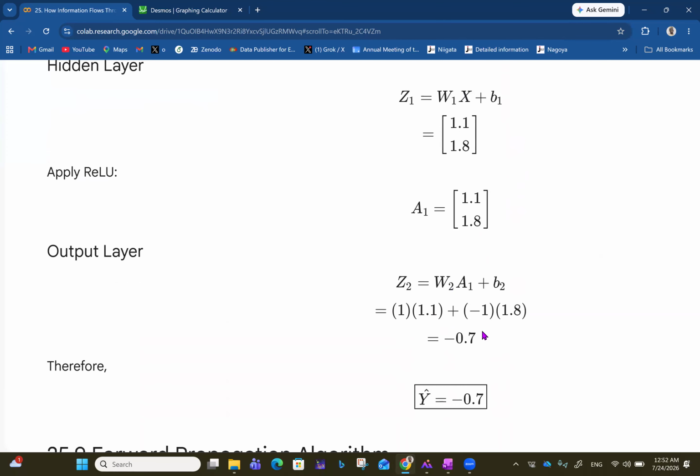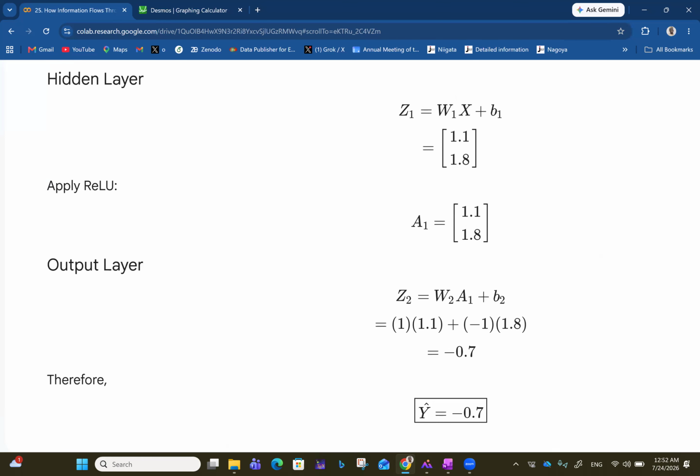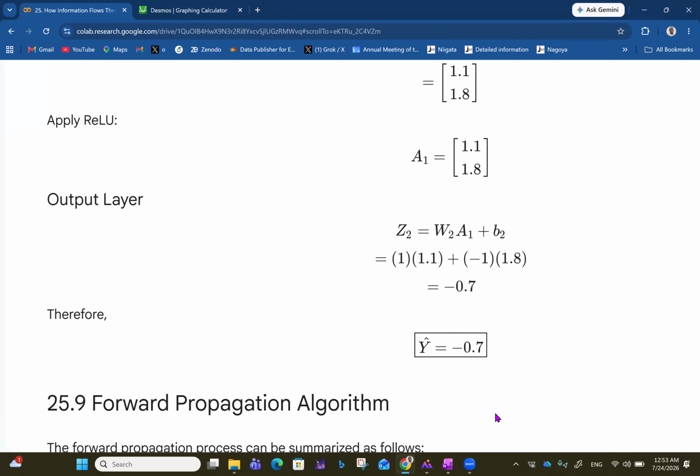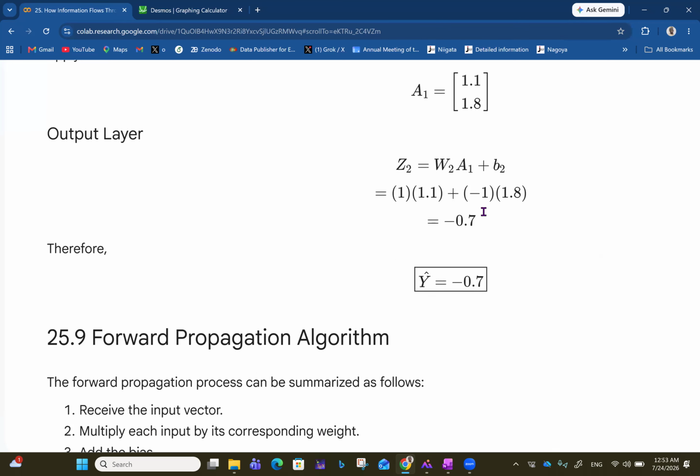So that's the output, right? If we pass this through ReLU again, we would get 0, but this gives minus 0.7. So I think we have to be sure: do we have to apply it? Having done this, I think we should apply ReLU again. If you take it through ReLU, it means y cap is going to be 0 here, but the raw value of Z here is minus 0.7.